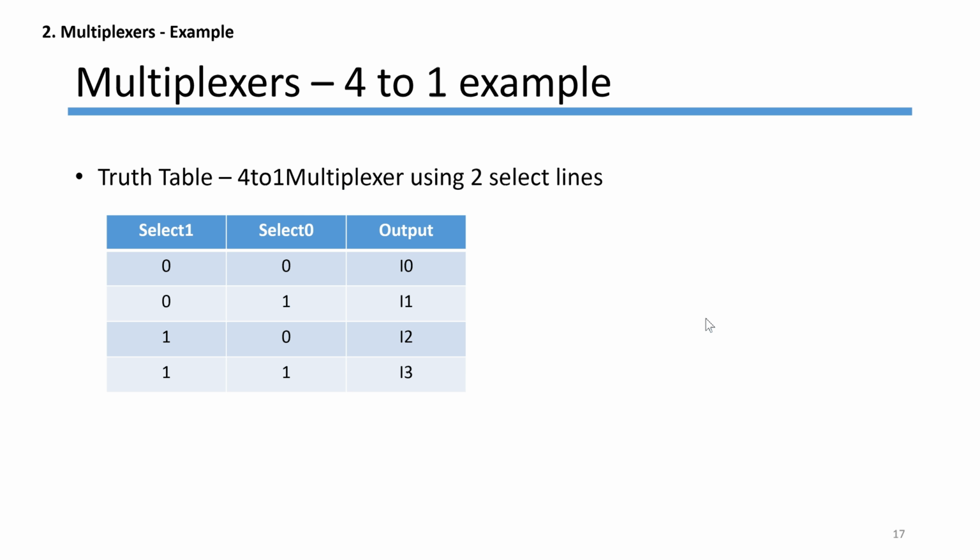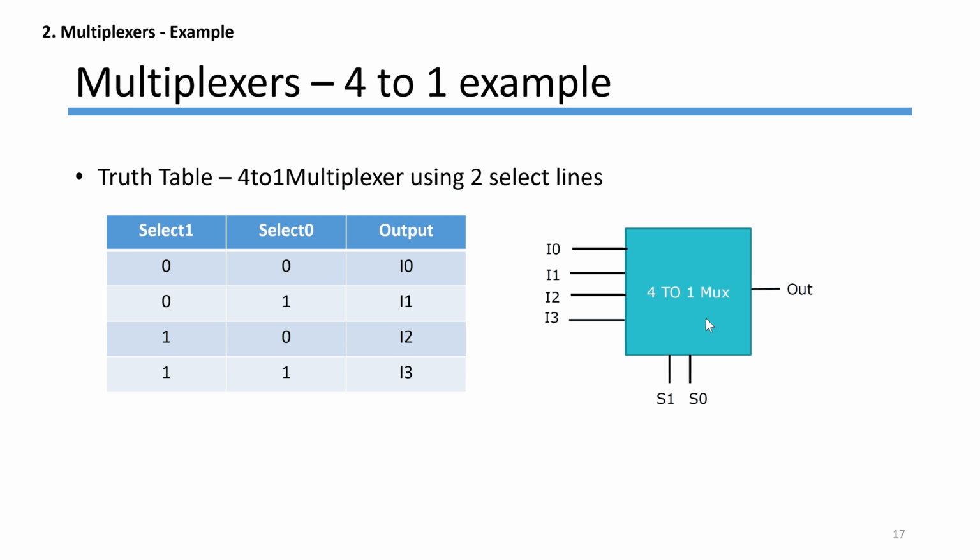Based on the select lines, the output would then be the corresponding set of inputs. So at 0, 0, your output is input set 0, and at 1, 0, your output is input set 1, and so forth. In Xilinx, your 4-to-1 multiplexer symbol would look something along these lines.